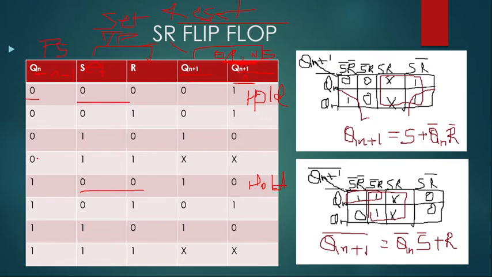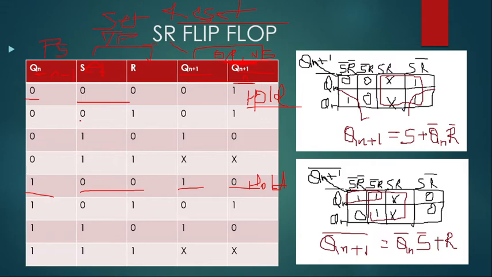If you see, 0 0 is the input, so that means hold operation will take place. If Qn is 0, then Qn plus 1 will be 0 and Qn plus 1 bar will become 1. Similarly, at this 0 0 condition, the hold operation will take place. If Qn is 1, then Qn plus 1 will become 1 and Qn plus 1 bar will become 0.